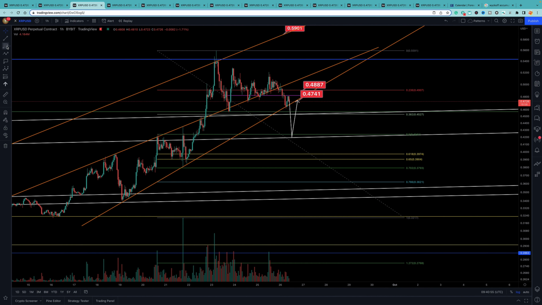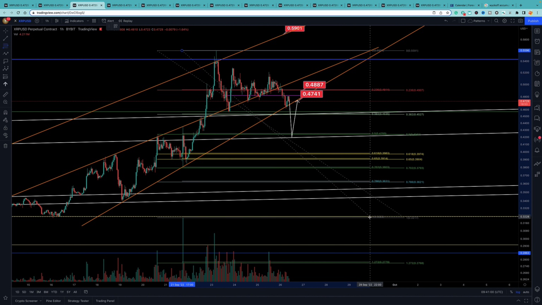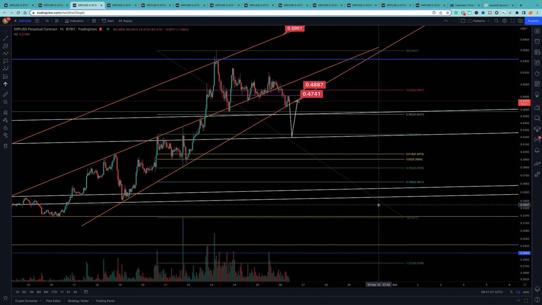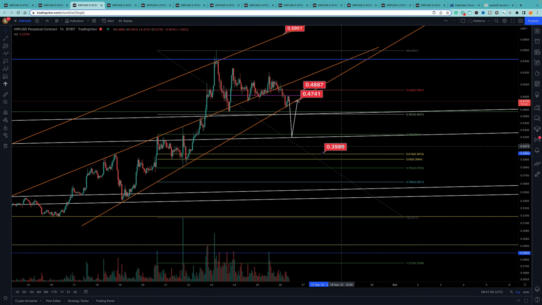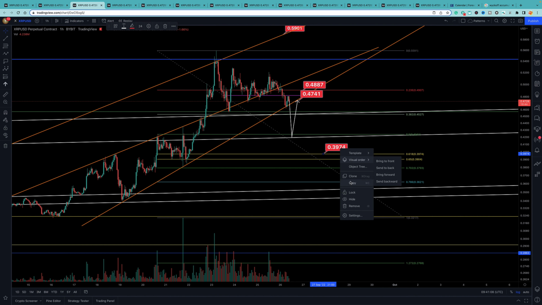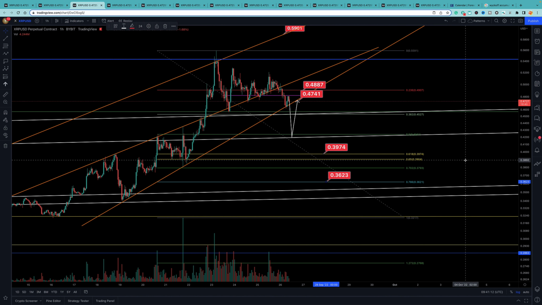And again, a target for the short. I think the target for the short, I should already have there. The target for the short, we're looking at a range between, say, 40 and 36.